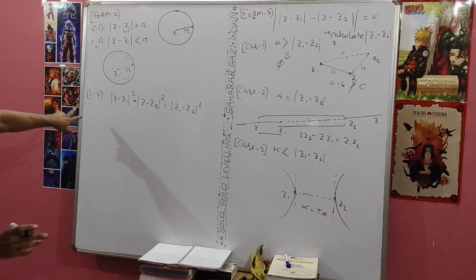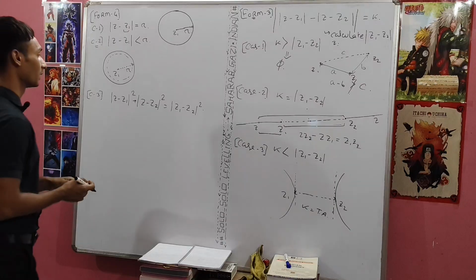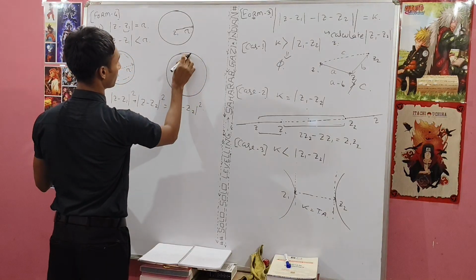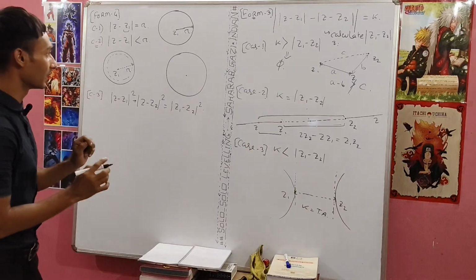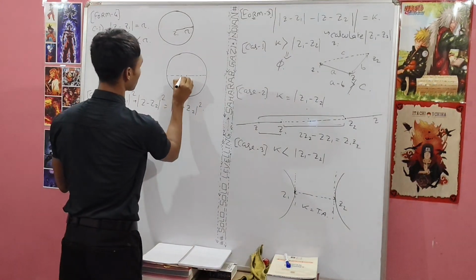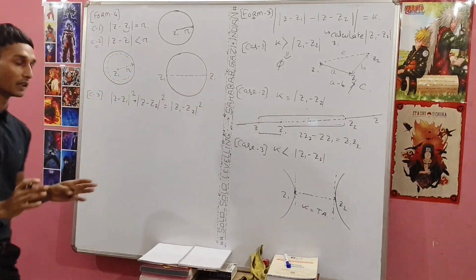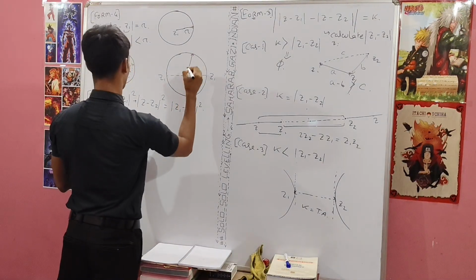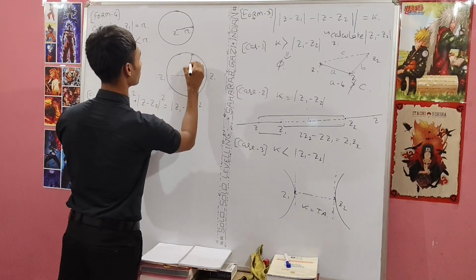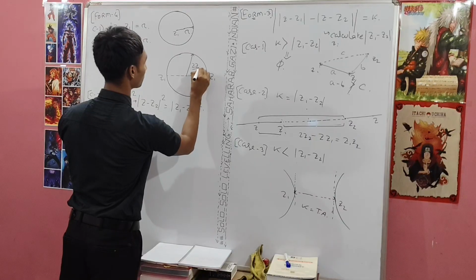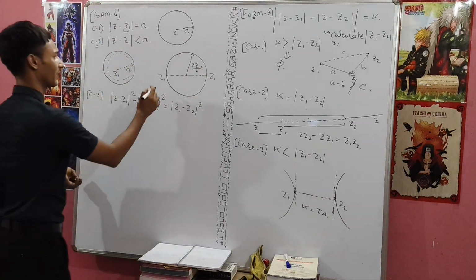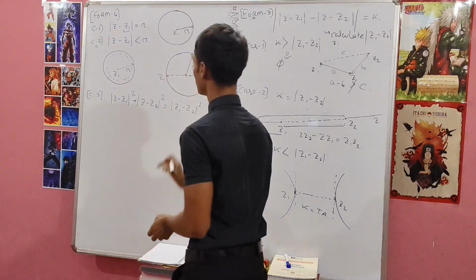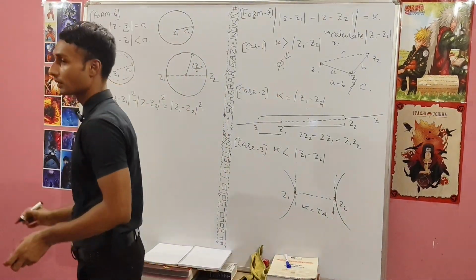Here it's also the equation of a circle, where z1 and z2 are the two diametric ends. The radius is mod of z1 minus z2 by 2, मतलब इन दोनों के बीच की दूरी का आधा. और this center को find करना है: z1 plus z2 by 2.